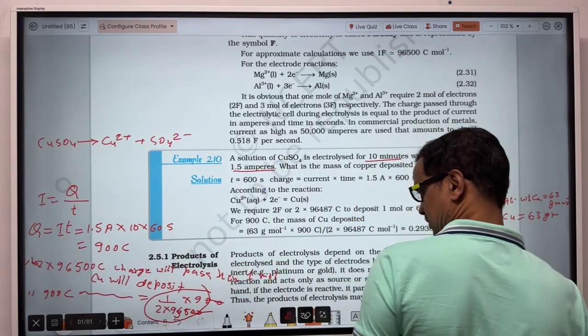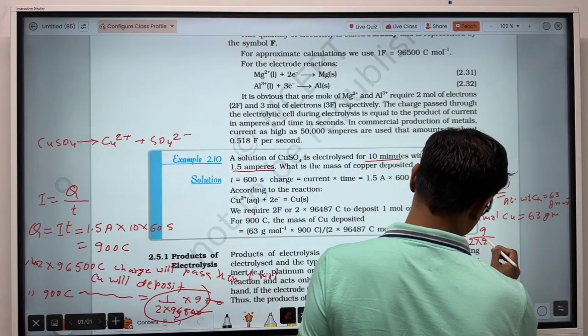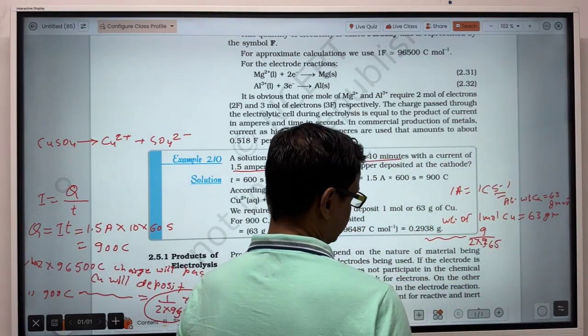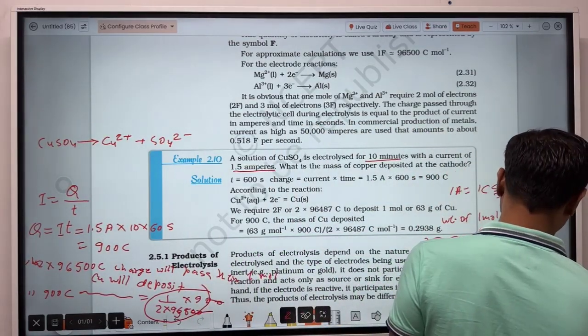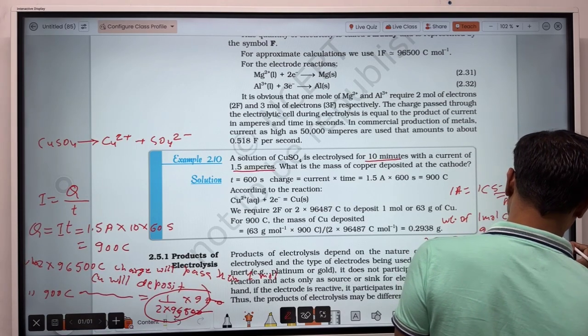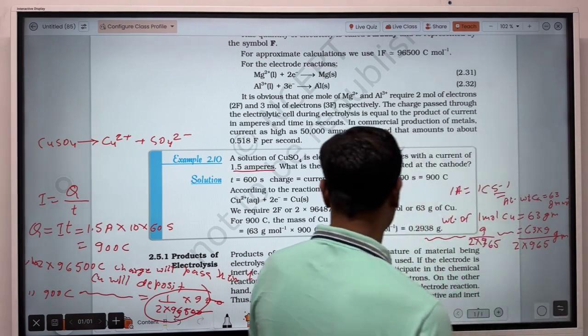965. So 2 into 965. That much mole of copper will be how much? 63 into 9 upon 2 into 965. That much in gram.